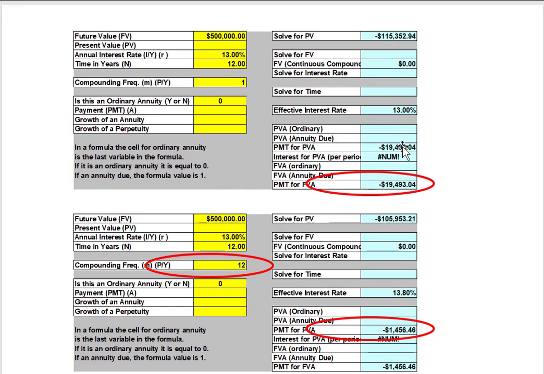That'll give you $500,000. What if you did it monthly? In this example, all you have to do is change the compounding frequency from once per year to 12 times per year. Every month, you would need to invest $1,456 to get $500,000.